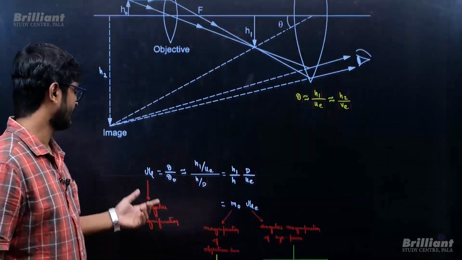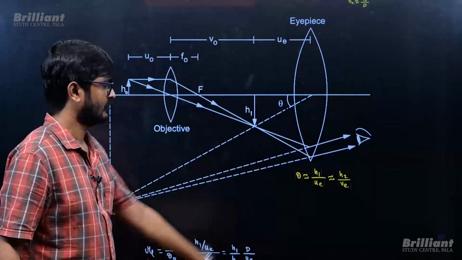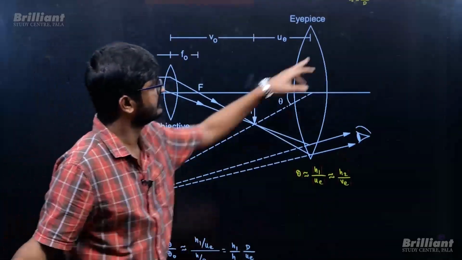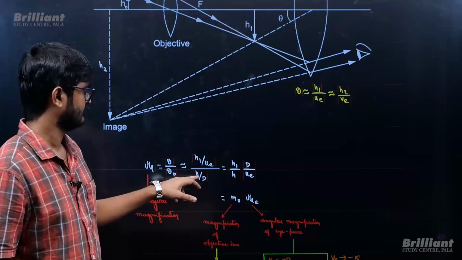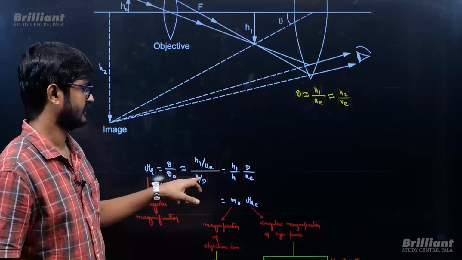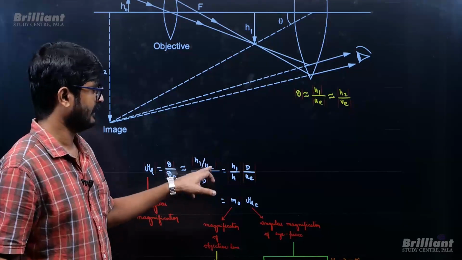Now we need angular magnification. Angular magnification is given by new angle subtended by old angle subtended. I am going to take the first term. So theta is h1 by ue, theta naught is h naught by d. H naught is object height. So from here I can write it as h1 by h naught times d by ue.